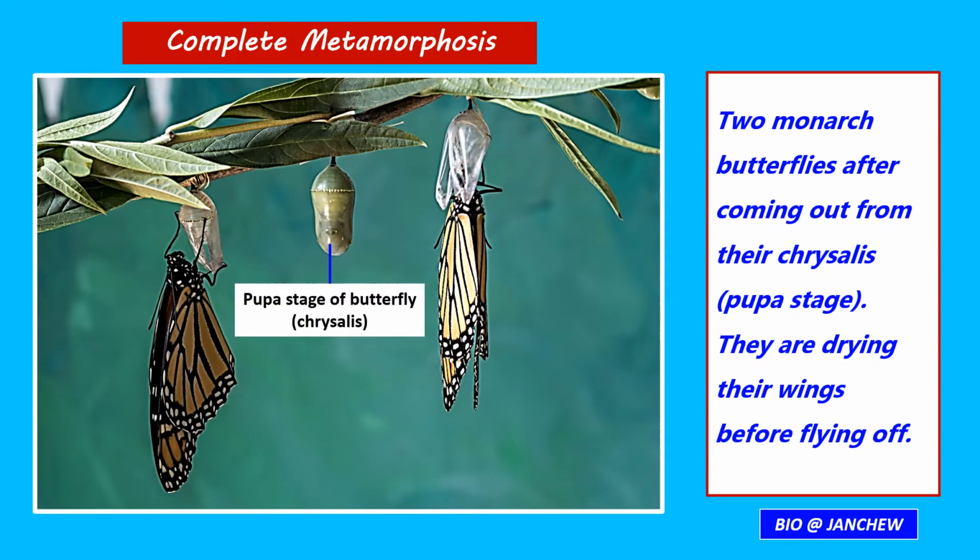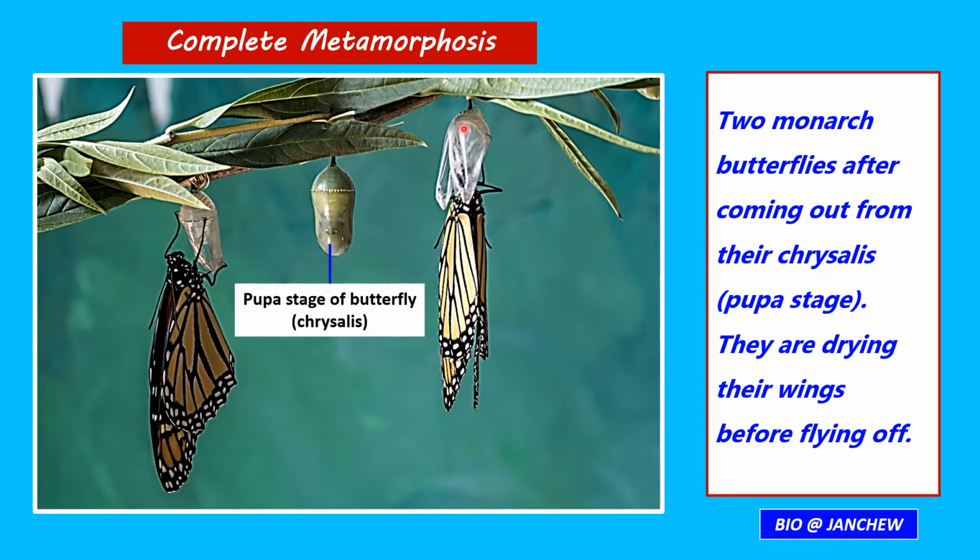Here's an interesting photo showing two monarch butterflies that have come out from the pupae. So the pupa stage of the butterfly is called the chrysalis, specially called the chrysalis. Here you can see one of the monarch butterflies, and it is a type of butterfly that's orange in color and quite large.